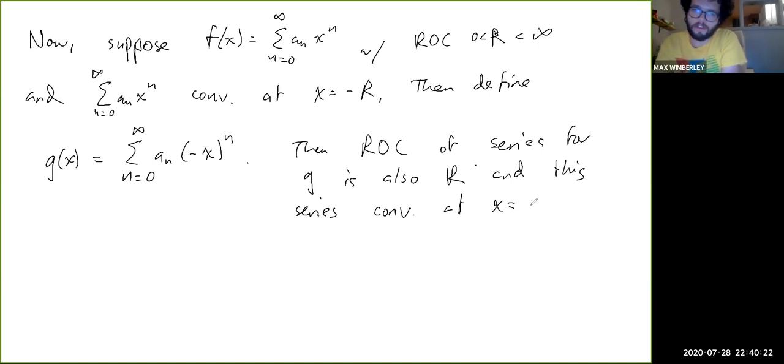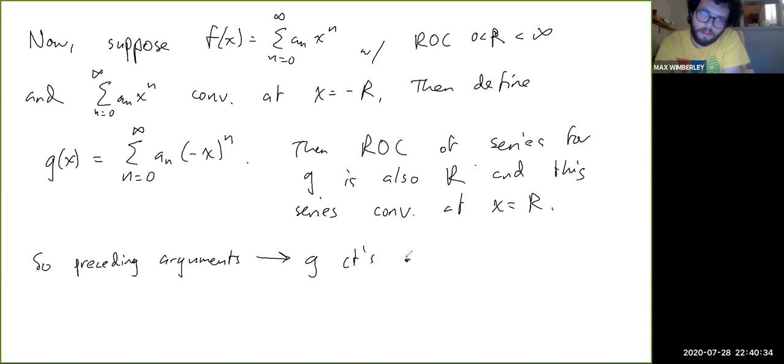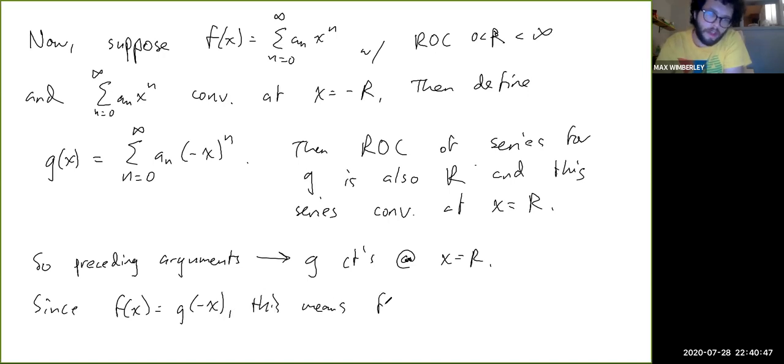This series converges at x equals r now. So the preceding arguments show that g is continuous at x equals r. Since f of x equals g of negative x, this means f is continuous at x equals negative r.